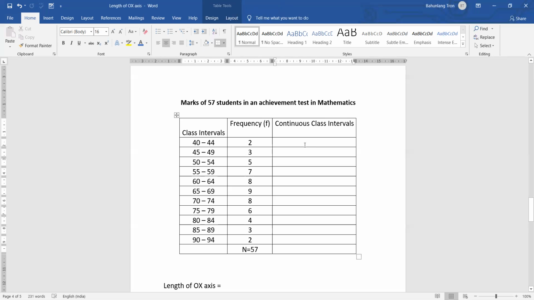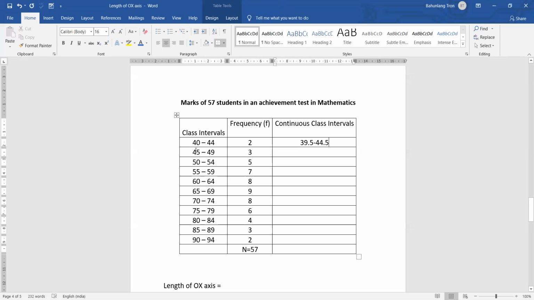From 40, if we subtract 0.5, you will get 39.5. Then you have 44.5, because 0.5 will be added. Go to the next, 45.